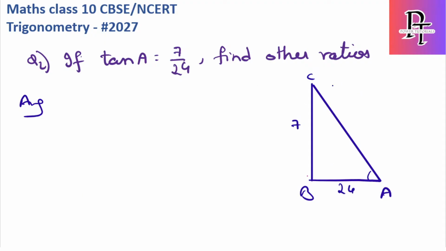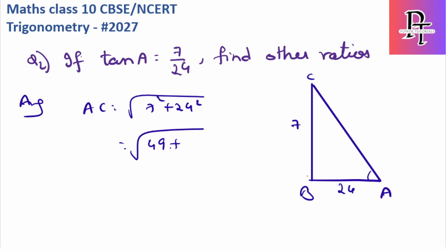So let us find out AC first. So AC becomes root of 7 square plus 24 square. 7 square is 49, 24 square is 576. So if I add these two, I will get root of 625, which is 25. So in this case I got the hypotenuse value which is 25.